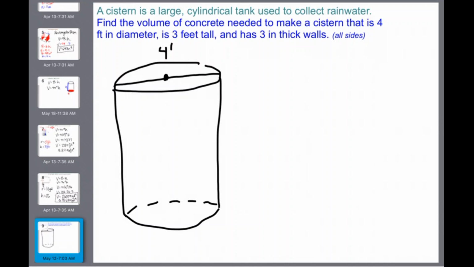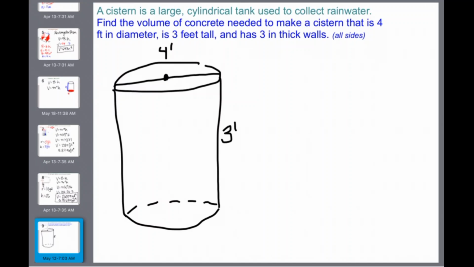All right, we have that it is 3 feet tall. So again, my measurements aren't particularly correct because 3 feet is obviously smaller than 4 feet, and we have that that's a little bit longer, but that's what we get when we sketch graphs. And then we have it has 3-inch thick walls.